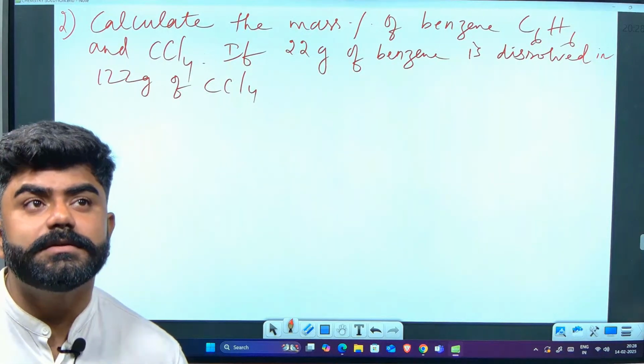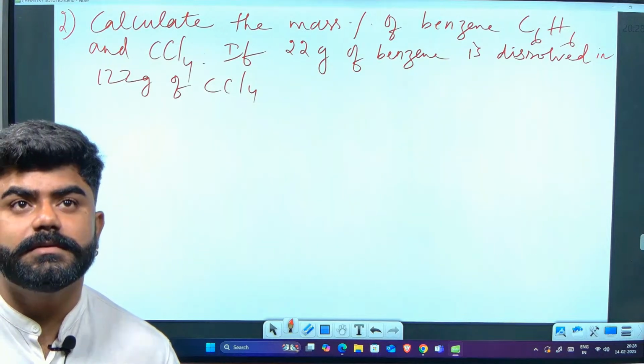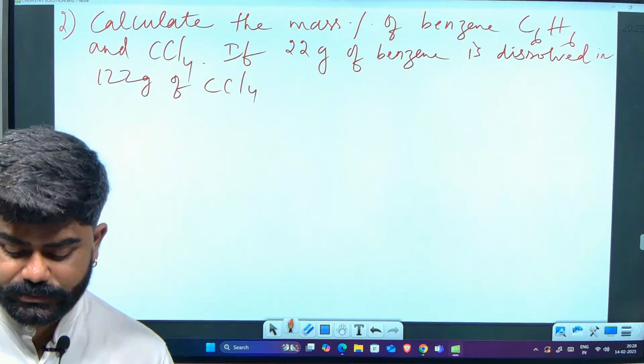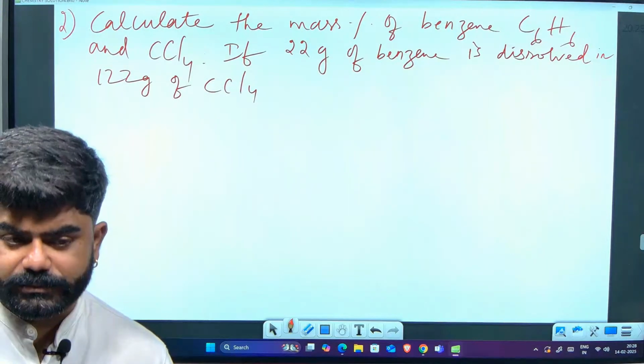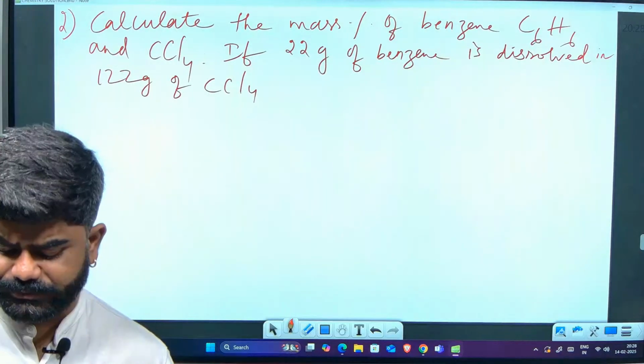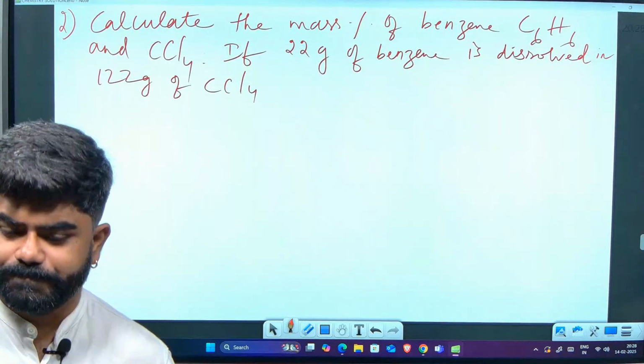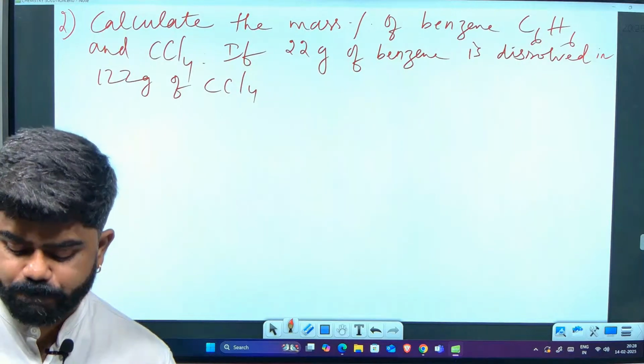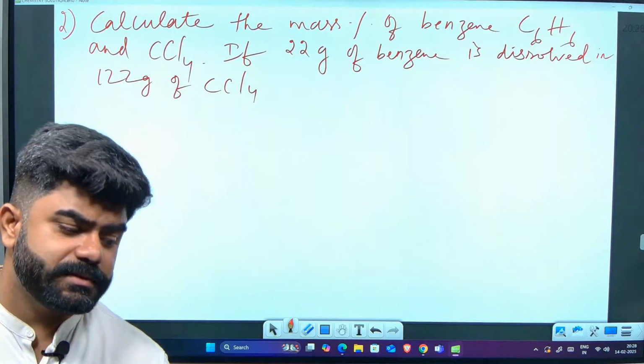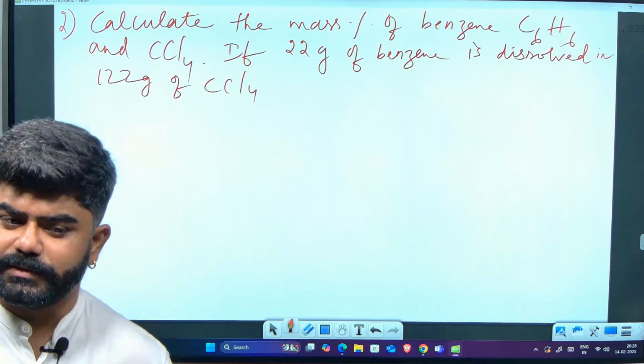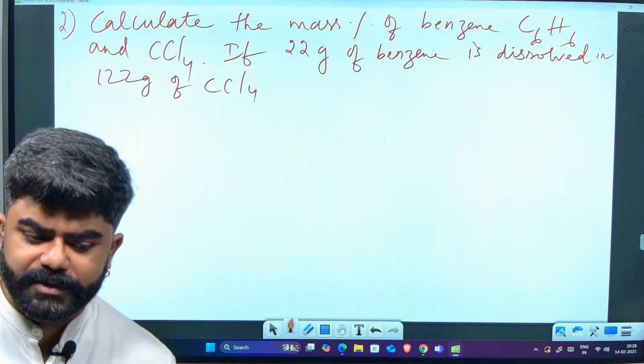What was it? So 15.18. 16.7 for benzene, carbon tetrachloride 83.3. Recheck the answer. There is some difference. Approximation.